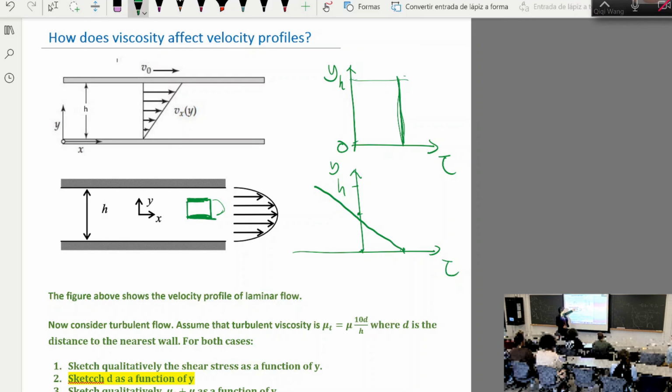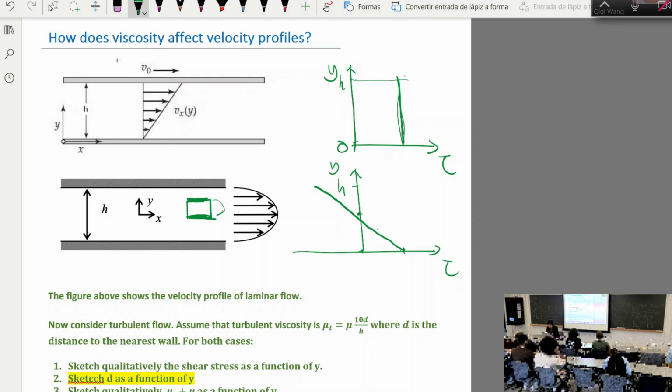Which means the difference in the shear stress has to be proportional to the height, and that translates to this linear profile. A linear profile basically means the difference of the function between two points is proportional to the distance in the y-axis. So the distance in the tau axis is proportional to the distance in the y-axis. That's a linear function. All right, make sense?